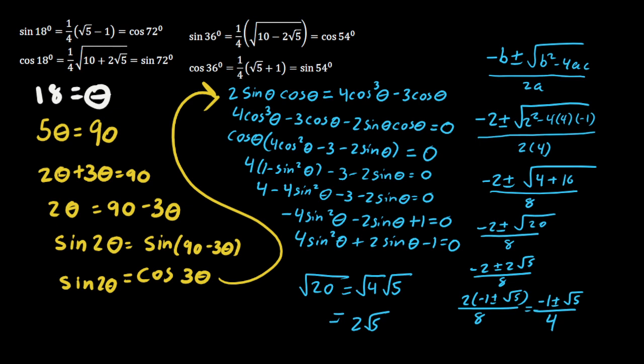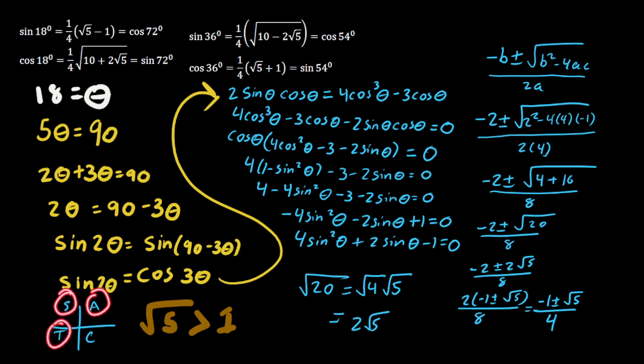We know that root 5 is greater than 1, right? We also know that sine 18 has to be positive because it's in the first quadrant. As you know, the unit circle, all silver teacups, this is where everything has to be positive: sine has to be positive, tan has to be positive, and cos has to be positive. So 18 falls in quadrant number 1, where everything has to be positive.